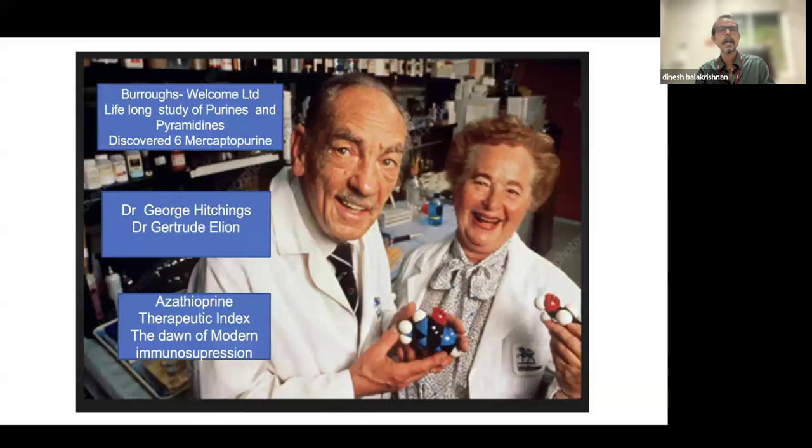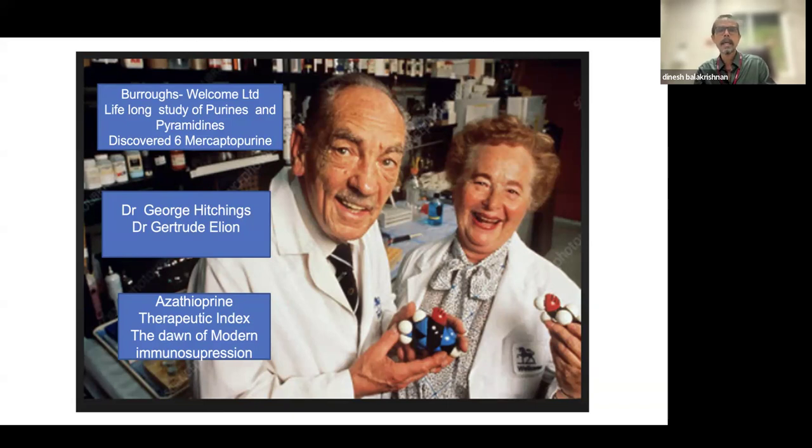They dedicated their whole life to studying the biochemistry of purines and pyrimidines. It was this group of scientists who first chanced upon 6-mercaptopurine. They were trying to look at whether 6-mercaptopurine is effective as an anti-cancer drug, and when they were using it, they found that these patients became immunosuppressed.